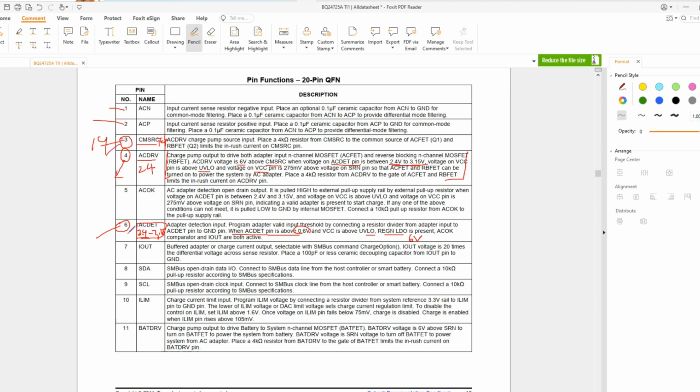So if any one of the requirements is missing, either we may not have 19 volt or we may not have the 2.4 to 3.15 range on this AC detect pin. Okay, so now we need to go to the motherboard and check whether these requirements are met on the charger IC.